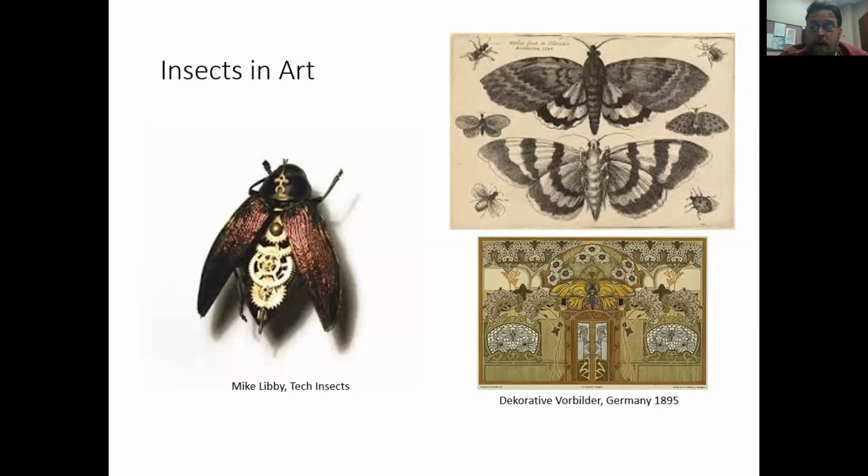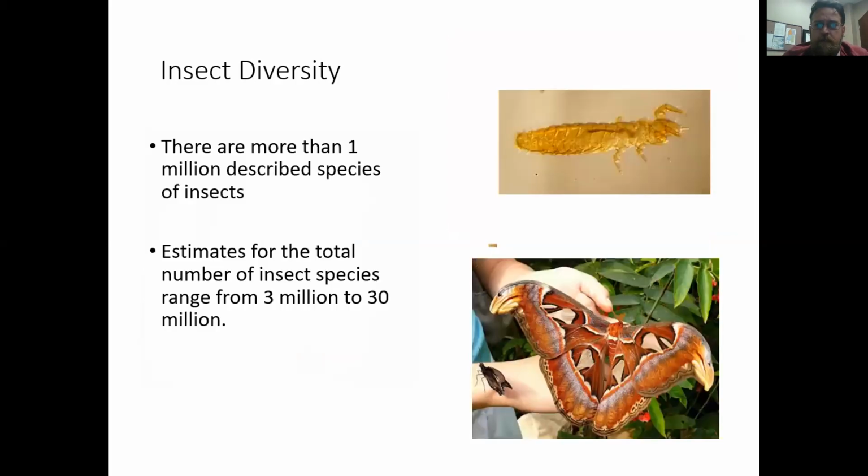And you can find some great old books where these plates are reproduced and see some of those fantastic drawings. Of course, you can see down in the bottom there a more decorative use of insects in art. And then there's a really interesting example of kind of a more modern art there using a jewel beetle and including all those kind of interesting gears.